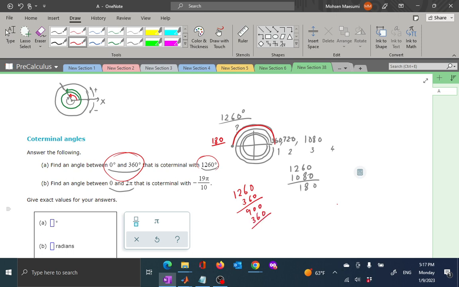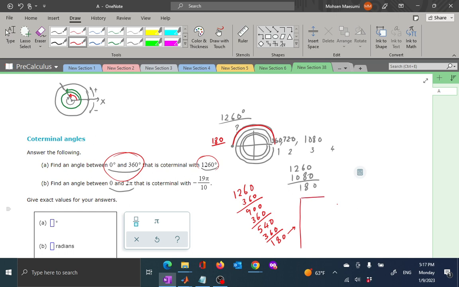Subtract 360 from it, so now you have 540 degrees left. That's still more than 360. Subtract 360 from it, you have 180 left. That is the angle between 0 and 360 that's coterminal with 1260.